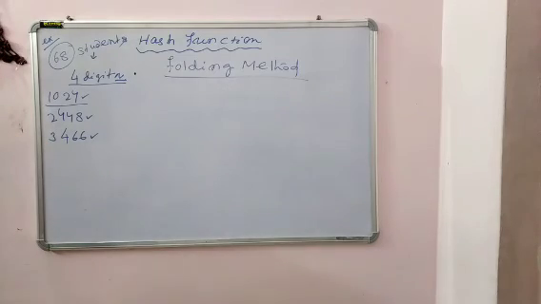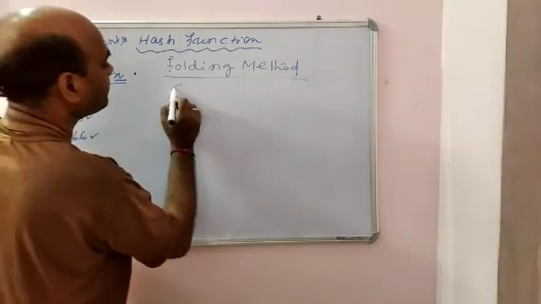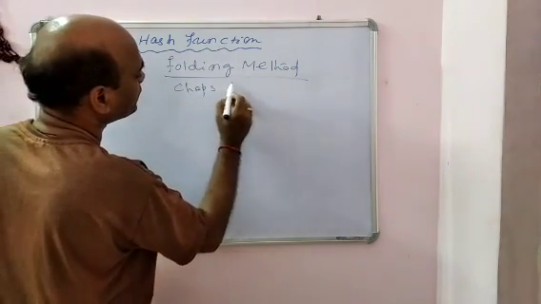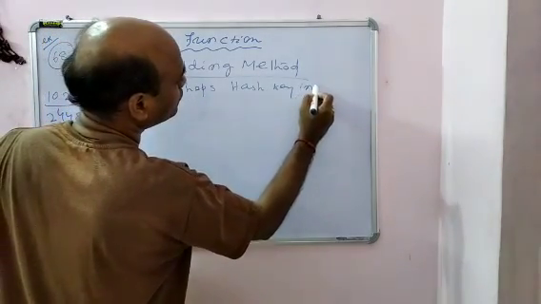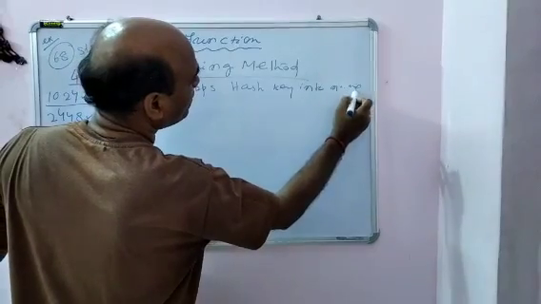In the folding method, this hash algorithm chops a hash key into a number of parts.